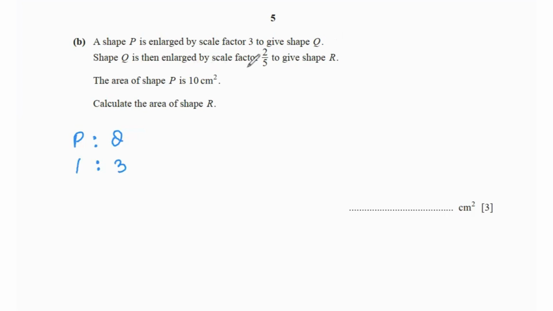Shape Q is then enlarged by scale factor of 2.5 to give shape R. That means Q is to R is going to be 1 is to 2.5.